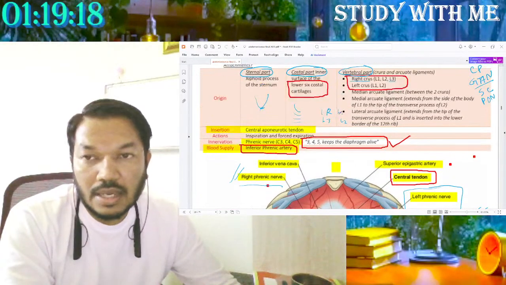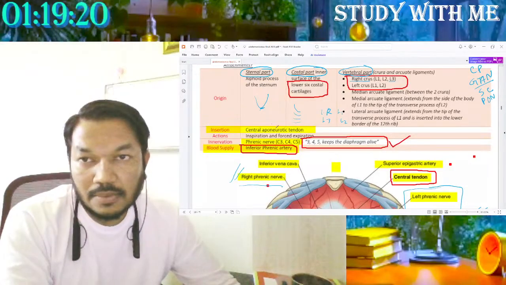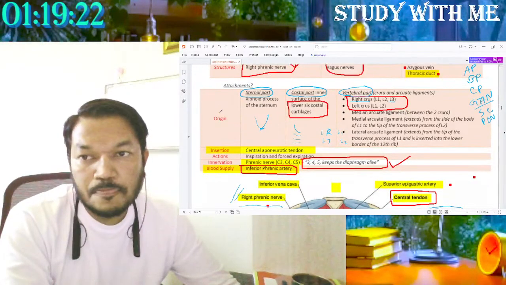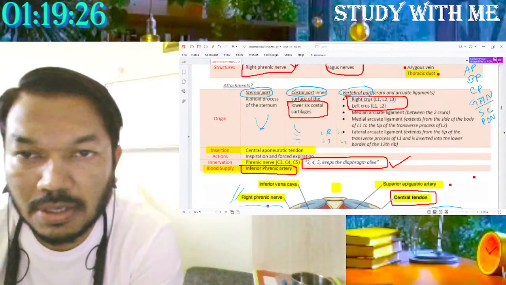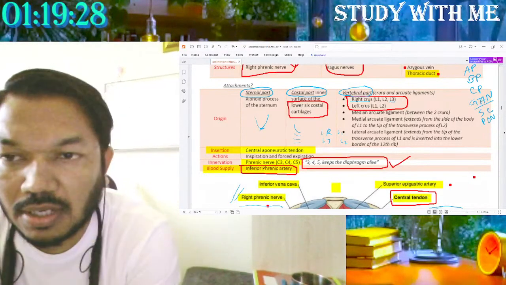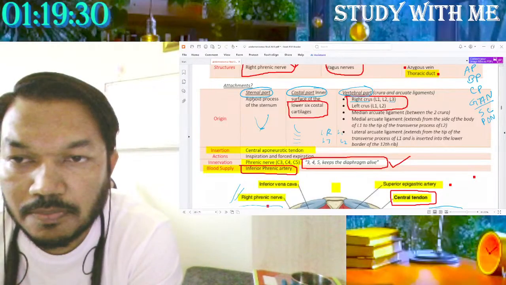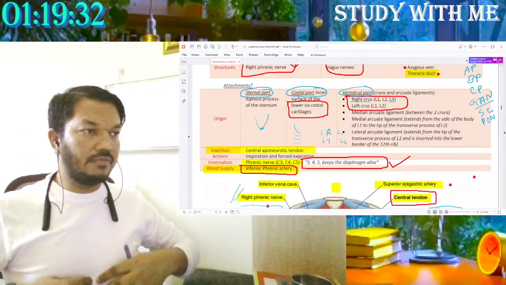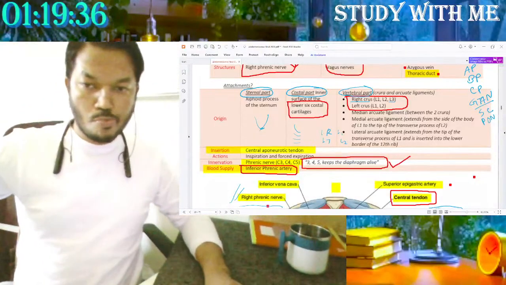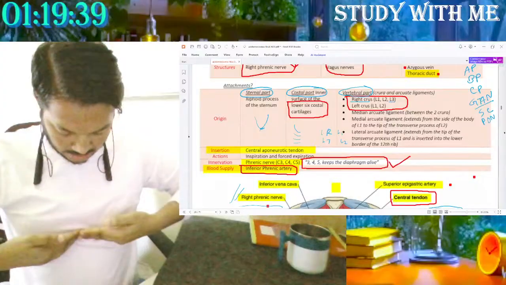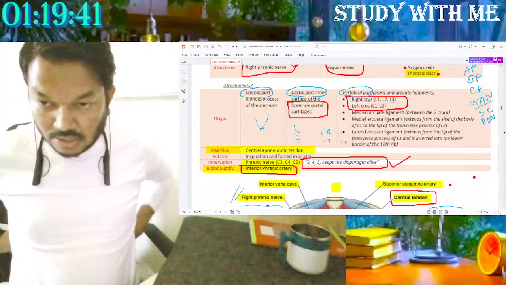Now, diaphragm origin has three parts: sternal part, costal part, and vertebral part. You know the diaphragm, you can have a look. It starts from here and goes to the back.